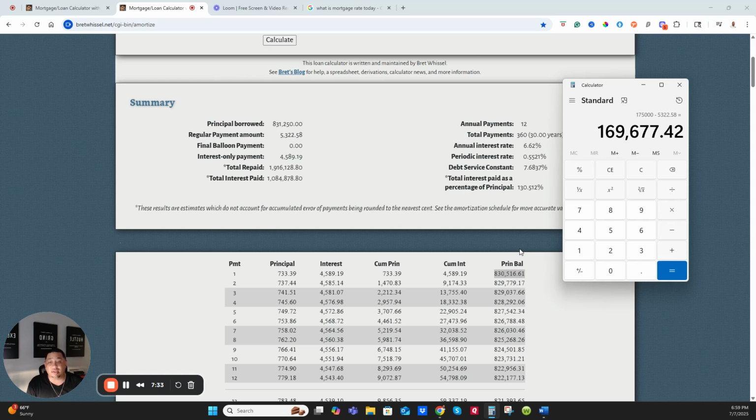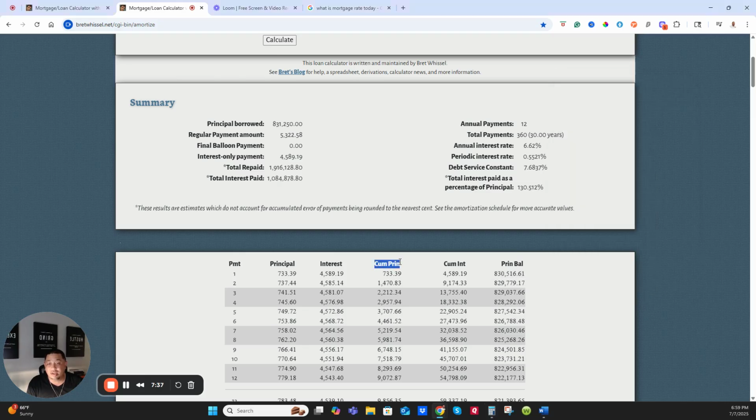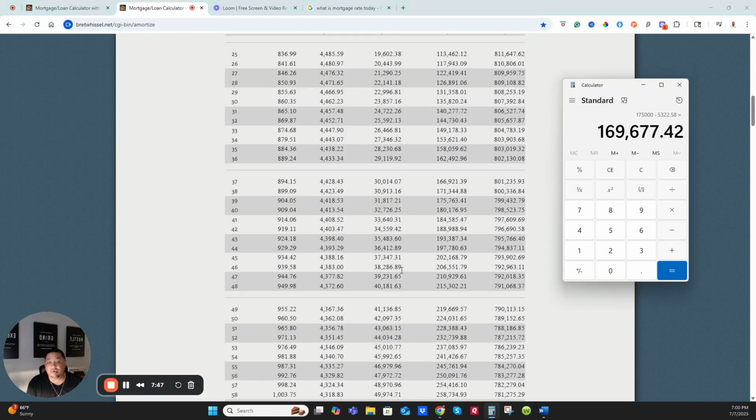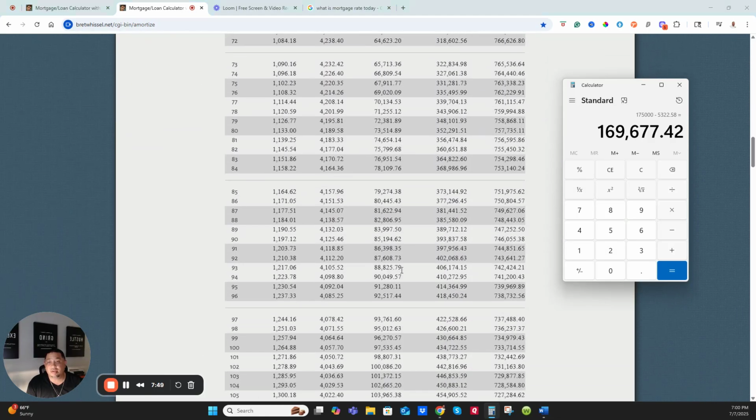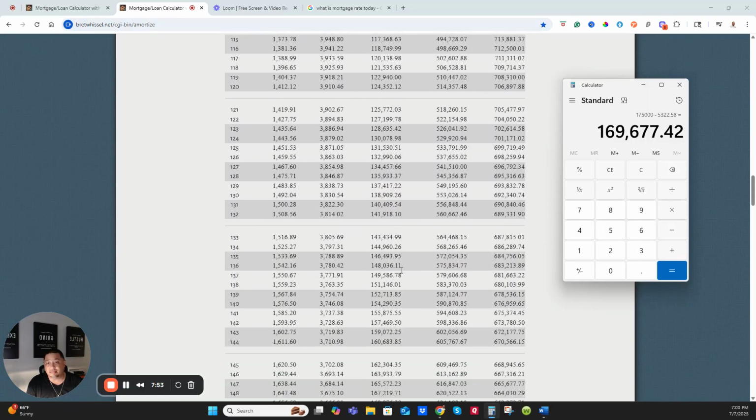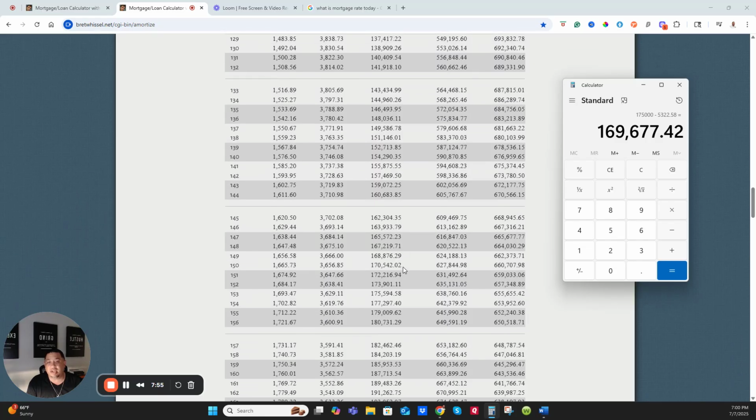And what does that look like? Well, we're going to come to this column right here, cumulative principal, right? And we're going to go down to $169,677. So we're going to keep scrolling. Remember, we had a 360-month loan, right? Keep that in mind.